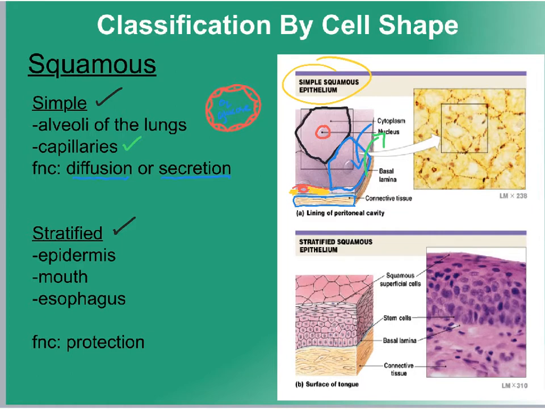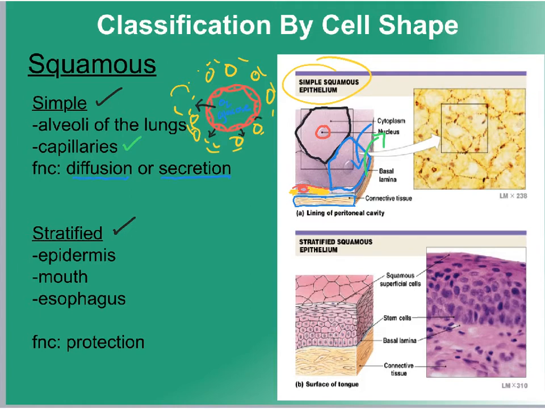But there would be tissue surrounding that capillary, live tissue, live cells, right? And those live cells are going to require oxygen and nutrients like glucose. So in a capillary, you've got the simple squamous that make up the wall of the capillary, so that oxygen and glucose can easily diffuse out of the blood vessel and into the surrounding tissue.